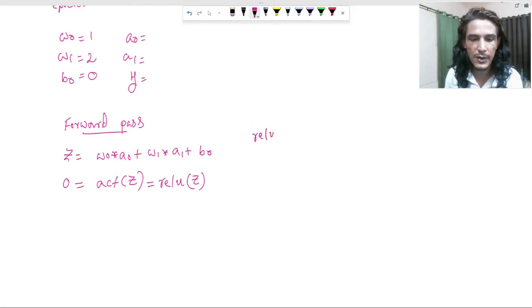What is this ReLU of Z? If the input is greater than or equal to 0, the output will be the same as the input. So this value is the same as Z as long as Z is greater than or equal to 0, and it is equal to 0 otherwise, meaning when Z is less than 0.